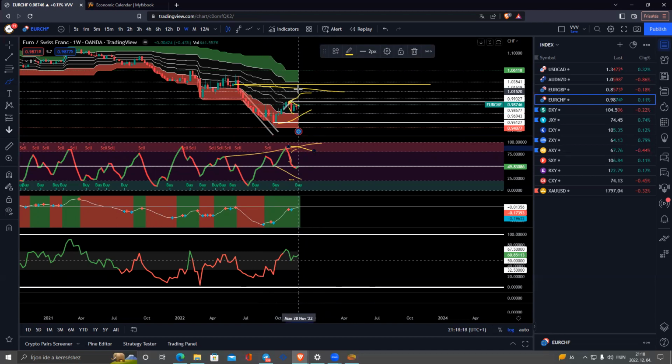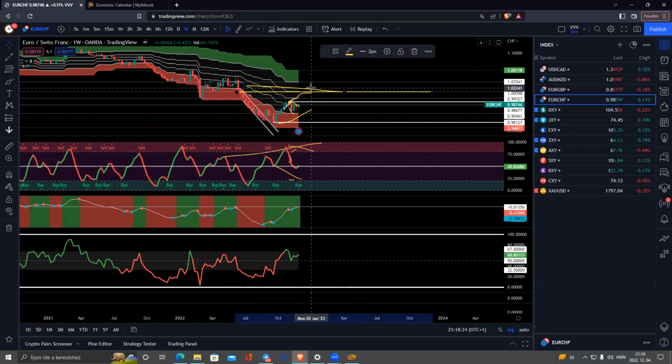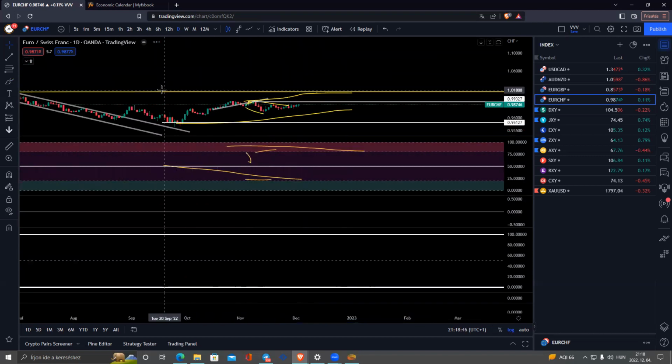So this was the previous target zone. If I place it to this point, actually, delete this, on the 61 will be nice, and then we are going to see this divergence here. Okay, let's see on daily basis.